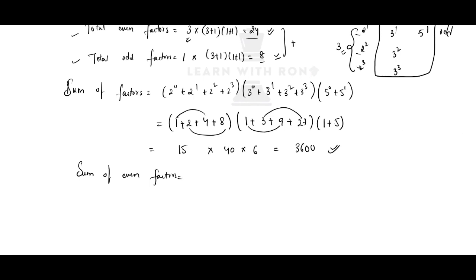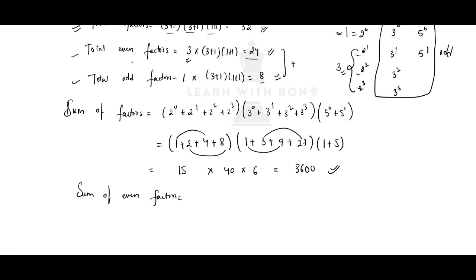So when you are finding the total number of even factors, we took even numbers. In this case also, just take even factors for 2, because 2 is the even prime, right? So neglect 2 power 0 here: 2 power 1, 2 square, 2 cube. Same 3 power 0, 3 power 1, 3 square, 3 cube.